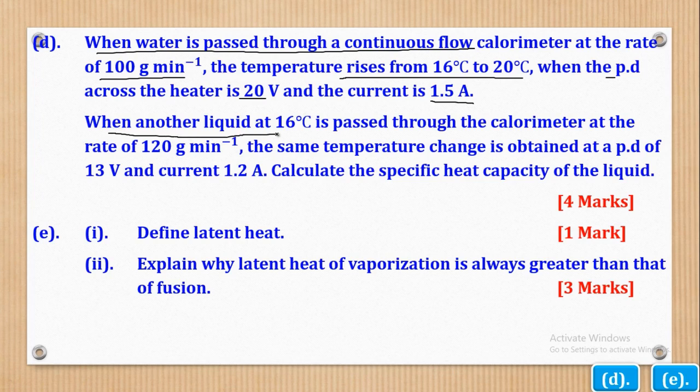When another liquid at 16 degrees Celsius is passed through the calorimeter at the rate of 120 grams per minute, the same temperature change is obtained at a PD of 13 volts and current of 1.2 amperes.